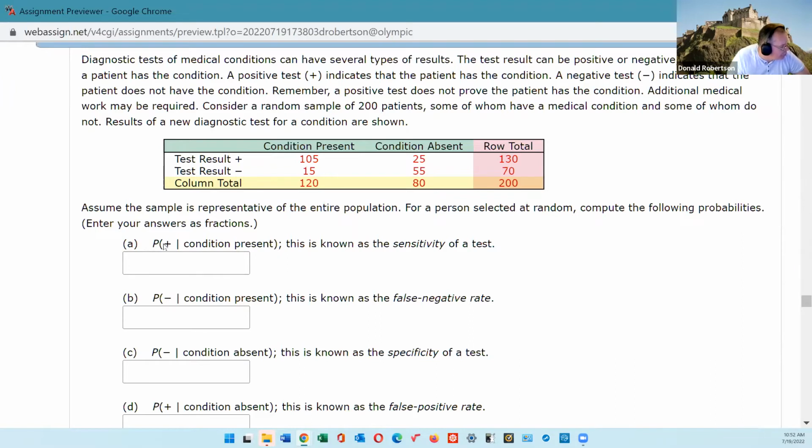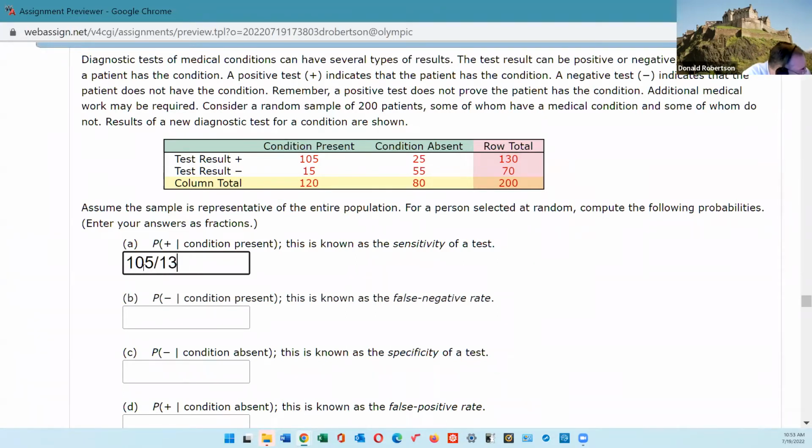So what's the probability that you test positive given the condition is present? So you're positive and the condition is present. So what's that? That's 105 out of 130. So the answer to that one would be 105 divided by 130.